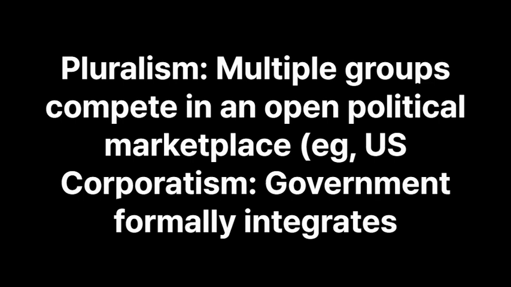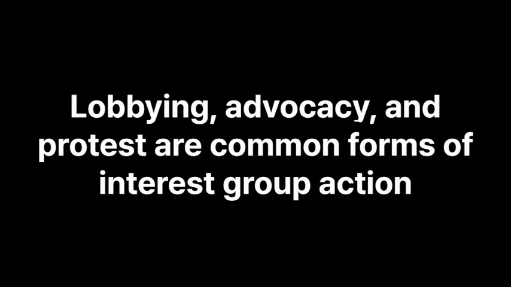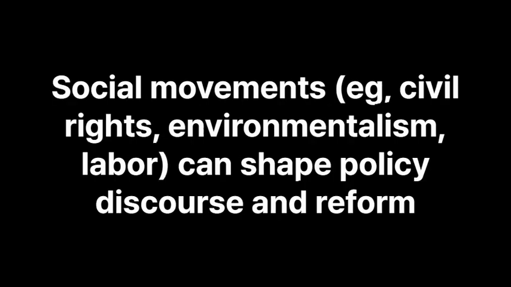Government formally integrates select interest groups into policymaking, e.g., Germany, Sweden. Lobbying, advocacy, and protest are common forms of interest group action. Social movements, e.g., civil rights, environmentalism, labor, can shape policy discourse and reform.